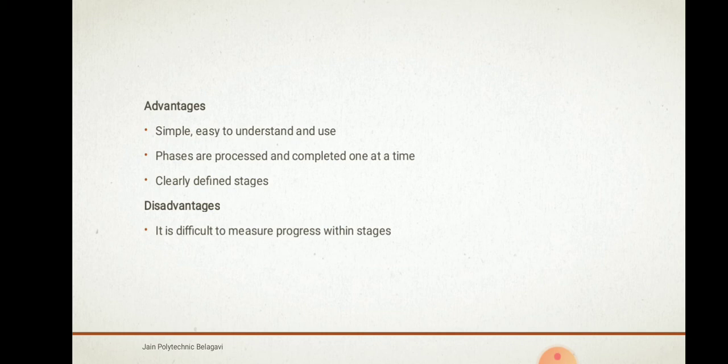Now if there is a problem with the requirement stage, we can't measure what has happened within the stages. That is one of the problems. It cannot accommodate changing requirements. If the requirements change, we can't change the entire phases. That is one of the disadvantages.